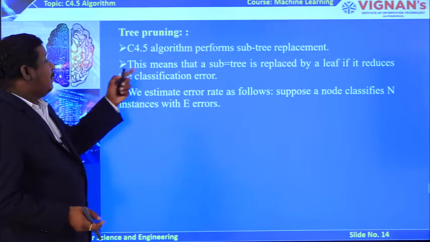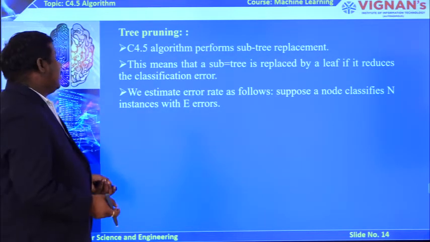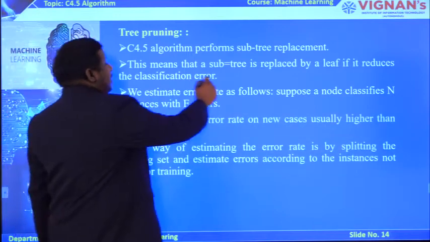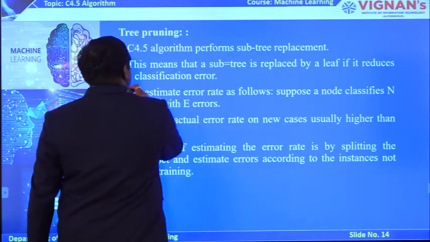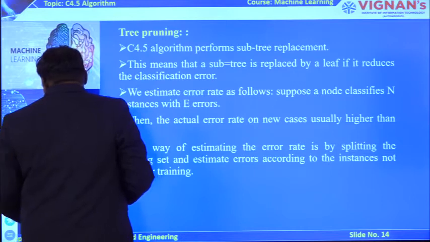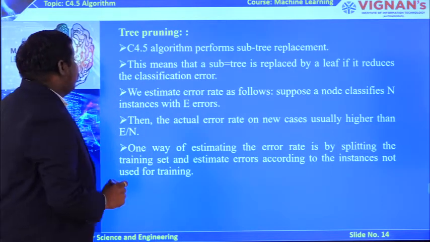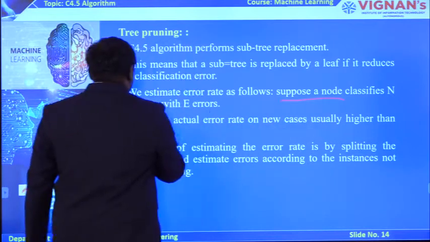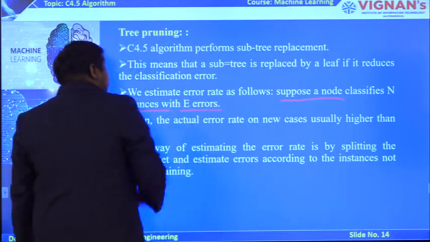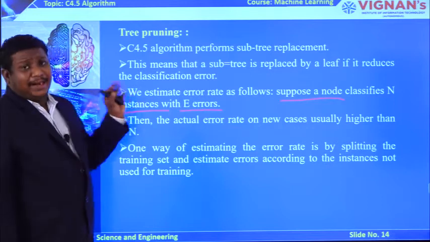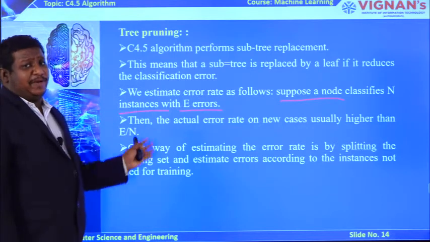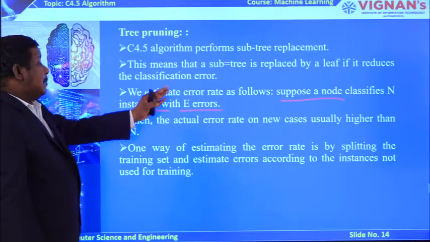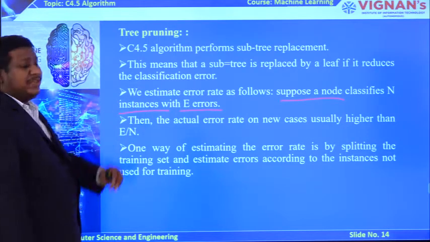The C4.5 algorithm performs subtree replacement. This means that a subtree is replaced by a leaf if it reduces the classification error. Similarly, we estimate the error rate as follows. Suppose a node classifies n instances with e errors.